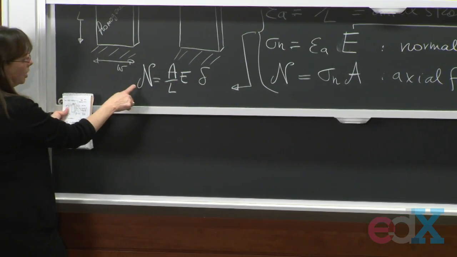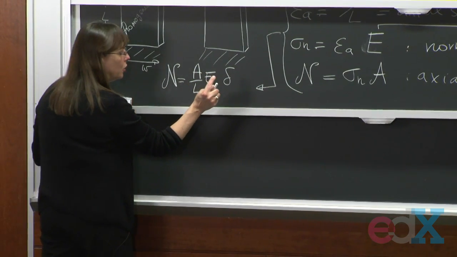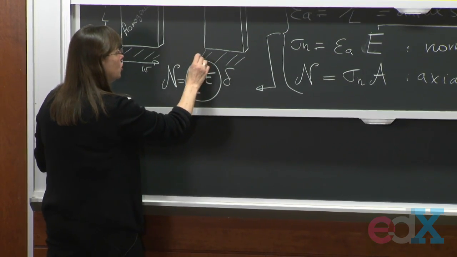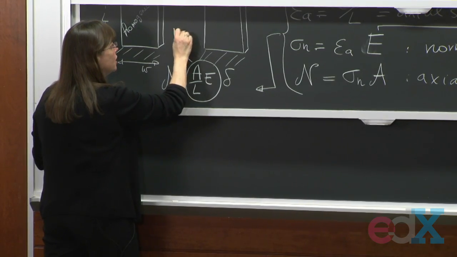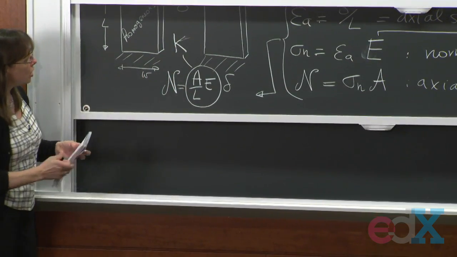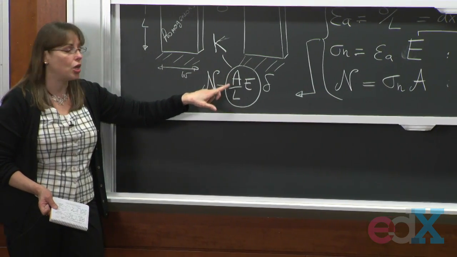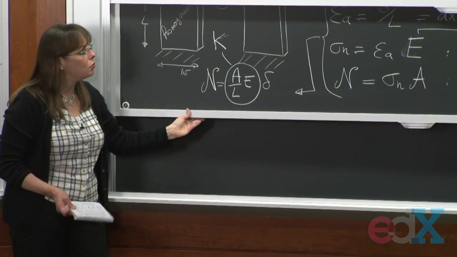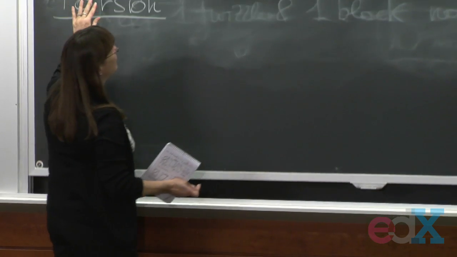So the force in the structure is related to the deformation in the structure through this quantity here that you remember is our stiffness, the stiffness of the structure. And inside the stiffness of the structure, there is geometry, cross-sectional area, length, and there is material property, okay? So this was our whole picture for axial loading.